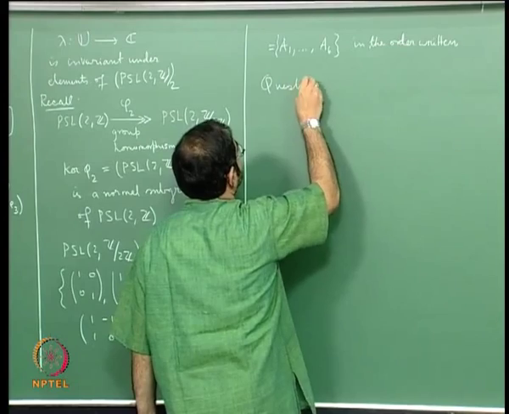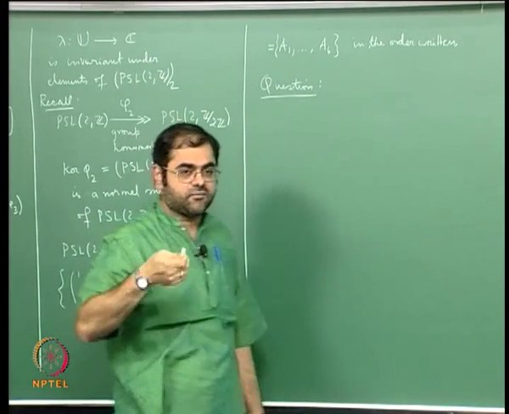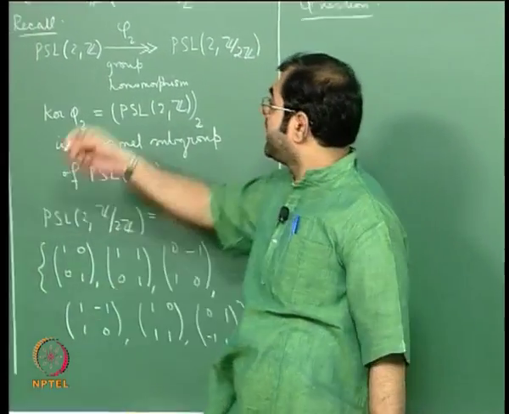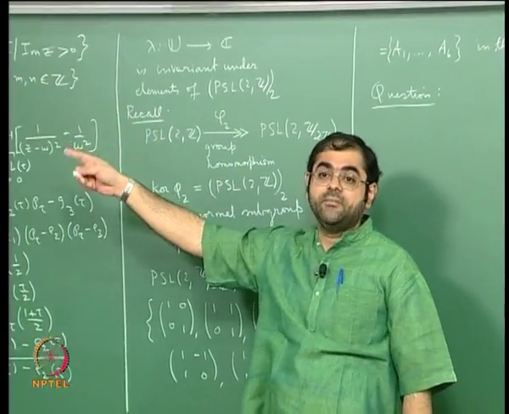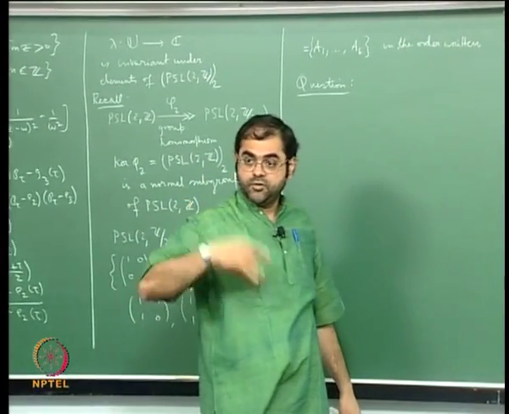So now the question is the following. You want, from lambda, to cook up a function which is invariant under the full modular group. So the question is, how is lambda going to be affected by a general element of the modular group, the full unimodular group.